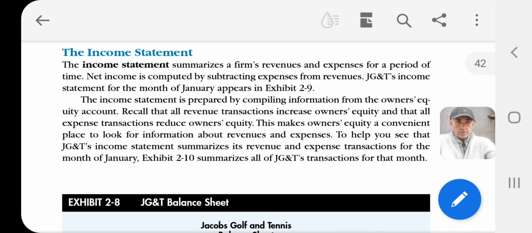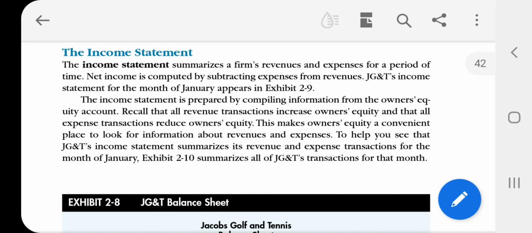And we'll start with the income statement. As you can see, the income statement summarizes a firm's revenue and expenses for a period of time.